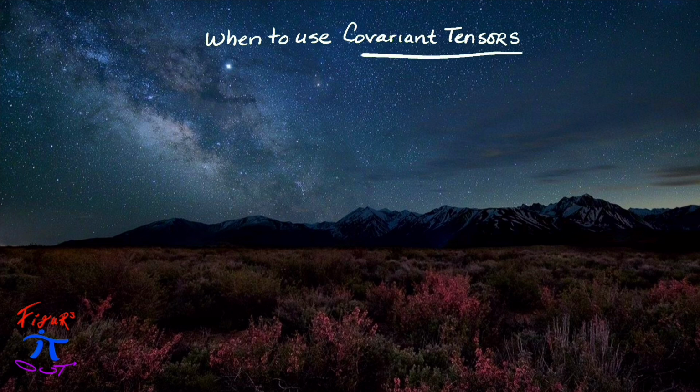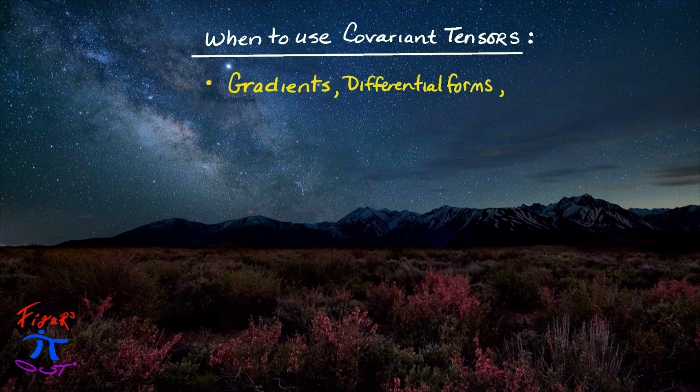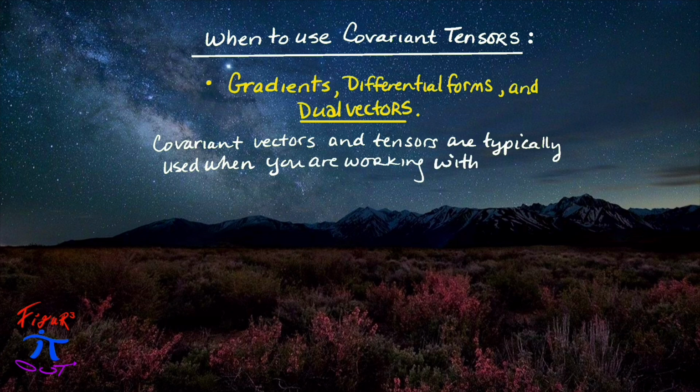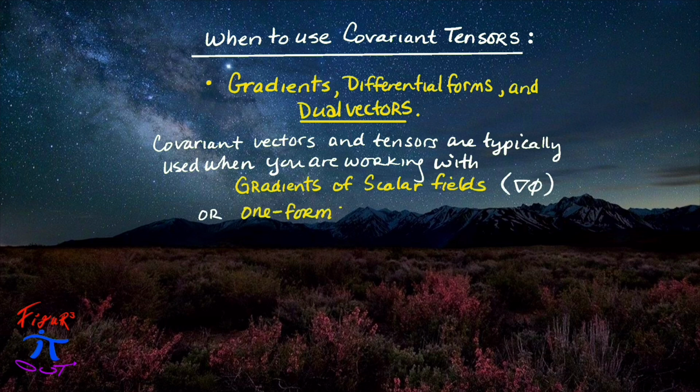So when should we use a covariant tensor? Again, covariant tensors are things like gradients, differential forms, and dual vectors or covectors. Covariant vectors and tensors are typical when you are working with, say, the gradient of a scalar field, or a one-form.